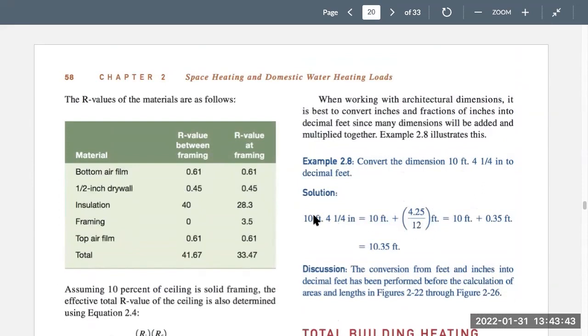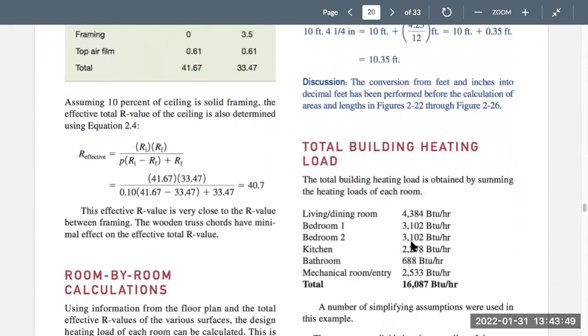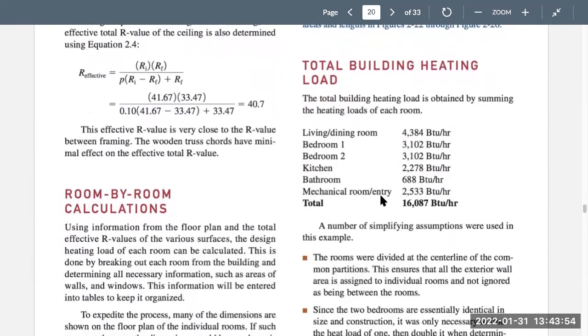So we can convert that to 10.35. And it's a lot easier to add. So we did a lot of that when we were working on our thermal calculator. And then you would go room by room and total it all up.